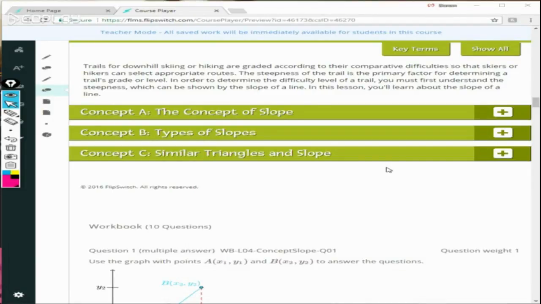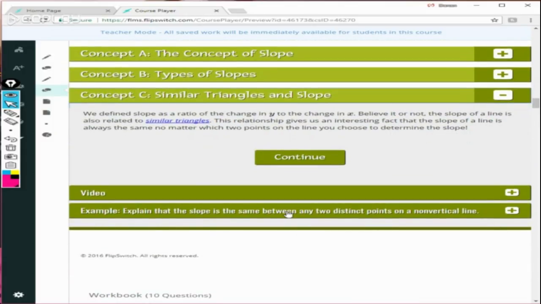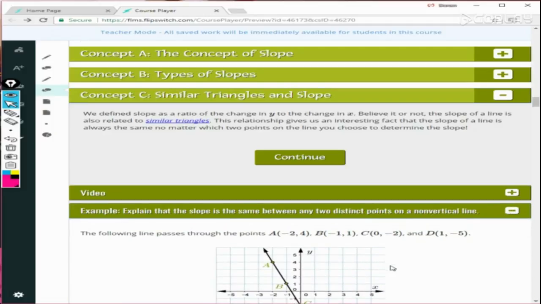Okay, so concept C, similar triangles and slope. And we're going to jump to the example. Explain that the slope is the same between any two distinct points on a non-vertical line. Alright.